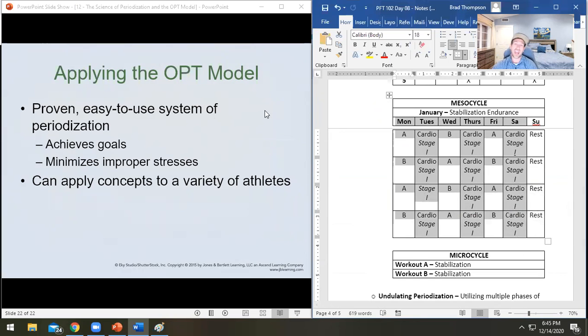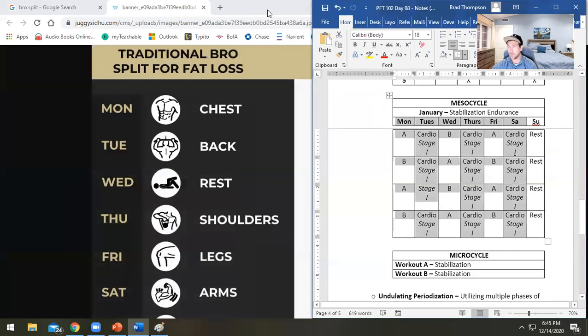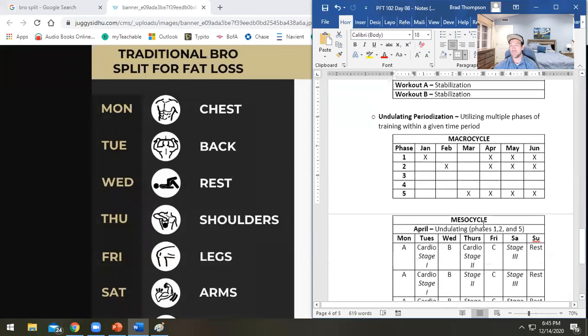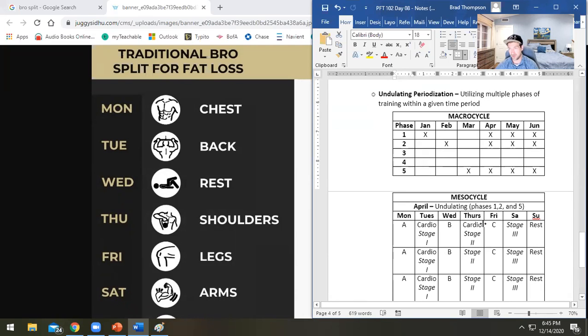Now, athletes who are mid-season, I want them to have stabilization because I don't want them to get overuse injuries, but I also still want them to be relatively strong, and I also still want them to have lots of power. I don't want my athlete to lose any of that athleticism at any point during the season. So what often works really well with athletes is a different concept called undulating periodization. I put it half and half here on this macro cycle.